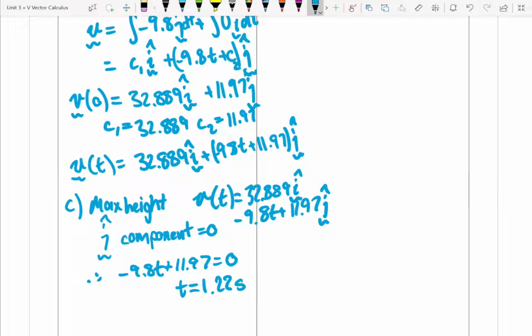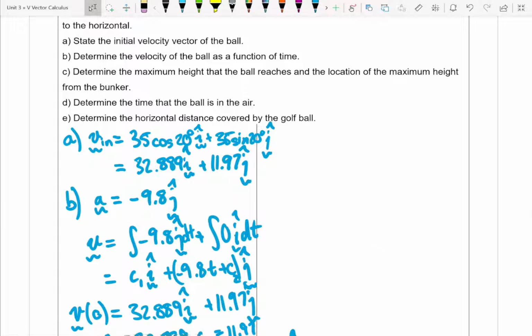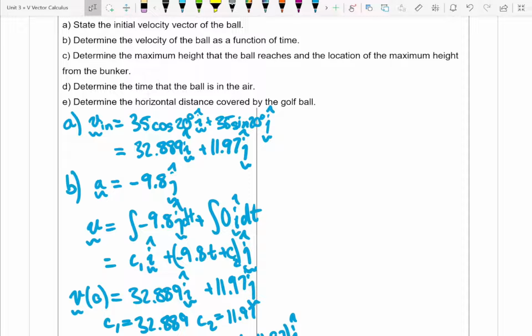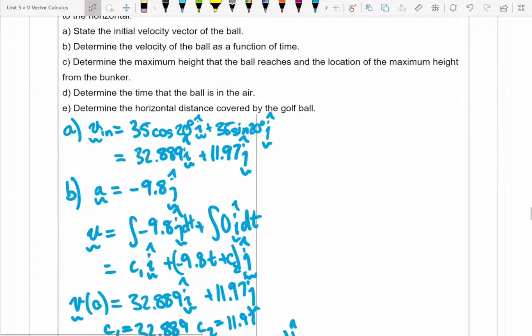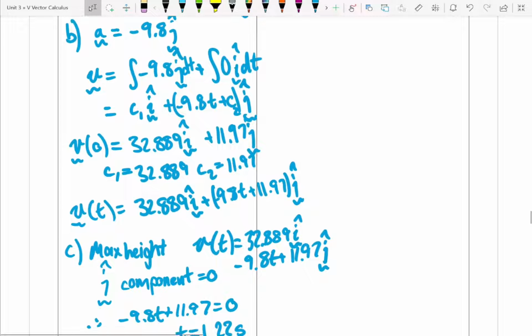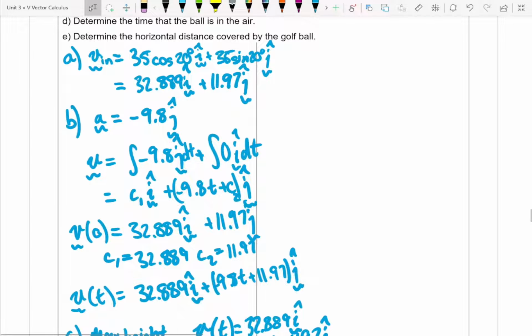And that's seconds. Right, so the max height is at t equals 1.22, but we also need to find the location of the maximum height from the bunker. So we want to find the i and j components when t is equal to 1.22 s. So for that, we need to find our x of t.